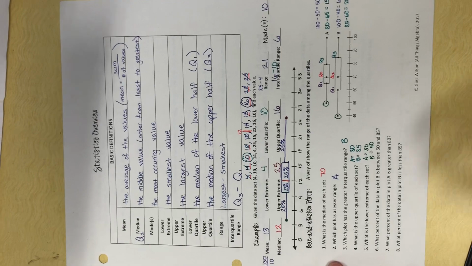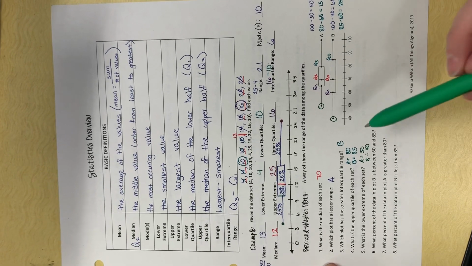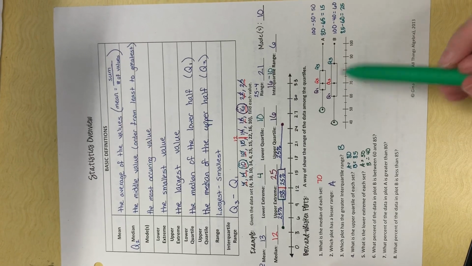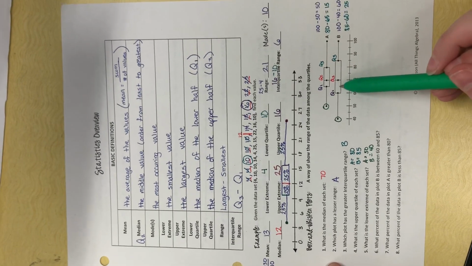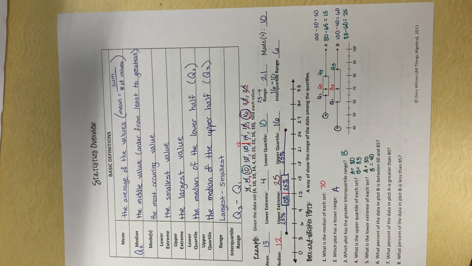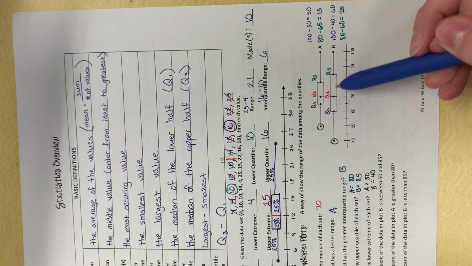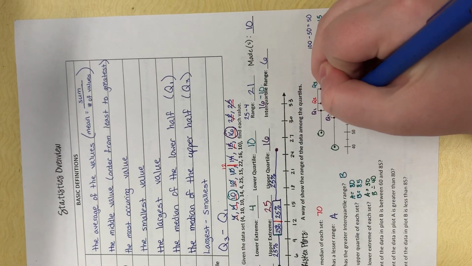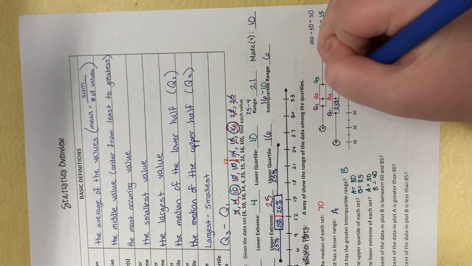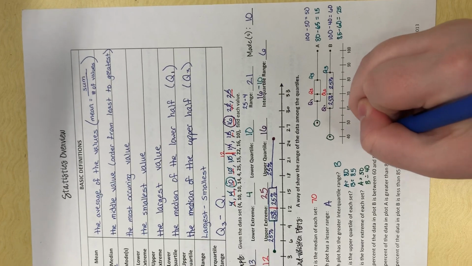Here's where that percent stuff comes into play. It says, what percent of the data in plot B is between 60 and 85? So for B, 60 to 85. Remember, each section is worth 25% of the data. So if this is 25%, this is 25%, this is 25%, and this is 25%, then from here to here would be 50% of the data.